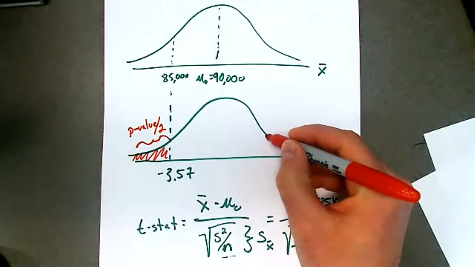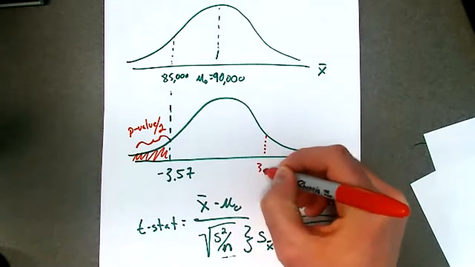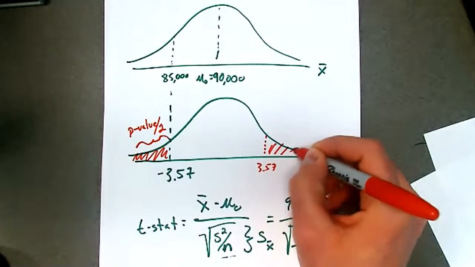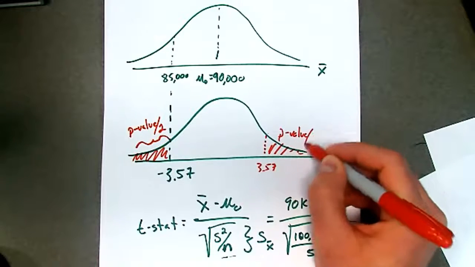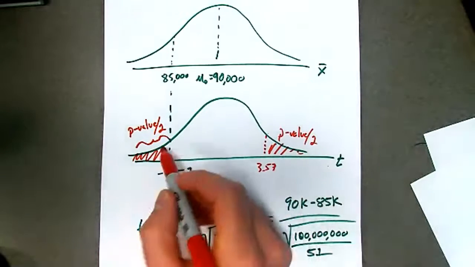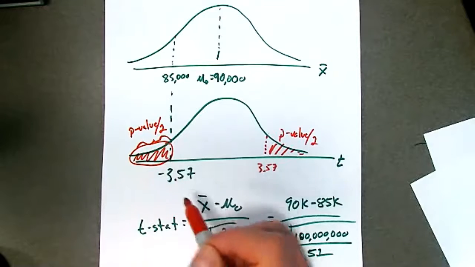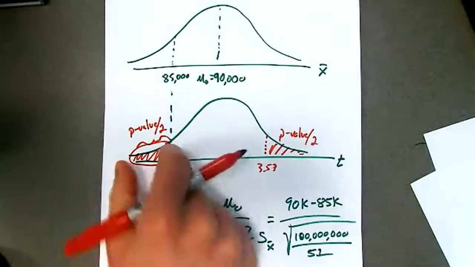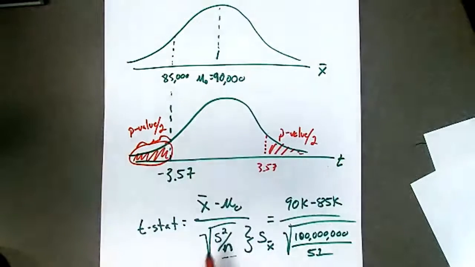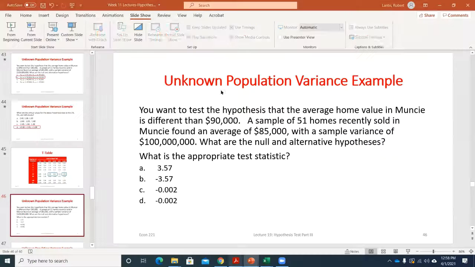It would have been equally as likely for me to see something 3.57 standard deviations above the mean or further, so the other half of my p-value is in the other tail. If I could find this area, I could multiply it by 2, and that would give me my total p-value, because I know there are two tails of equal size. So I go to my standard normal table. I've got negative 3.57. I've got two issues.